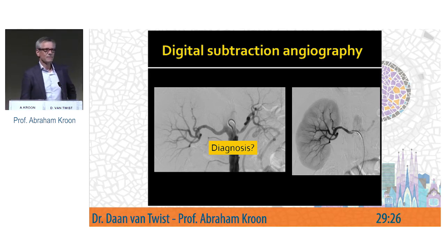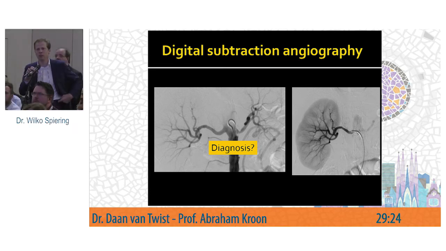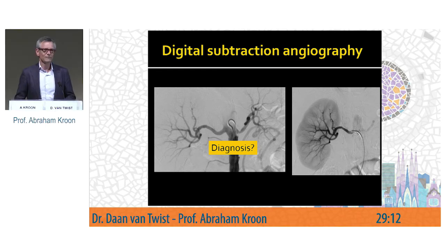Wilco Spiering, Utrecht, the Netherlands. No, it does not. I think it's typical for FMD, but what is really striking is that on the right renal artery we see a string of beads, and on the left you see a unifocal stenosis. Yes, indeed, I completely agree. Should we rethink the diagnosis?